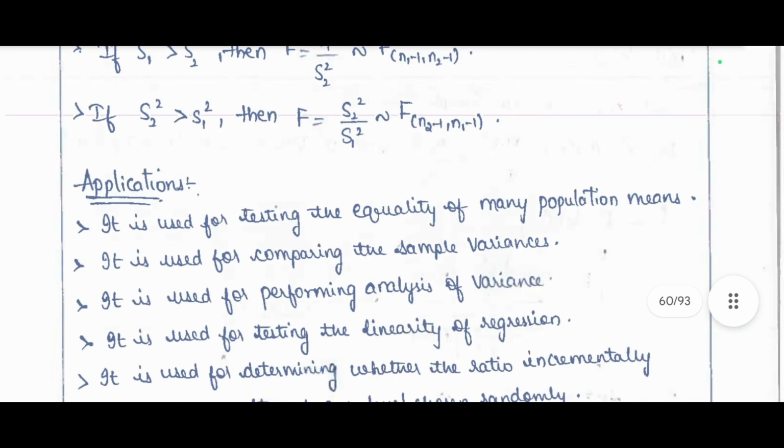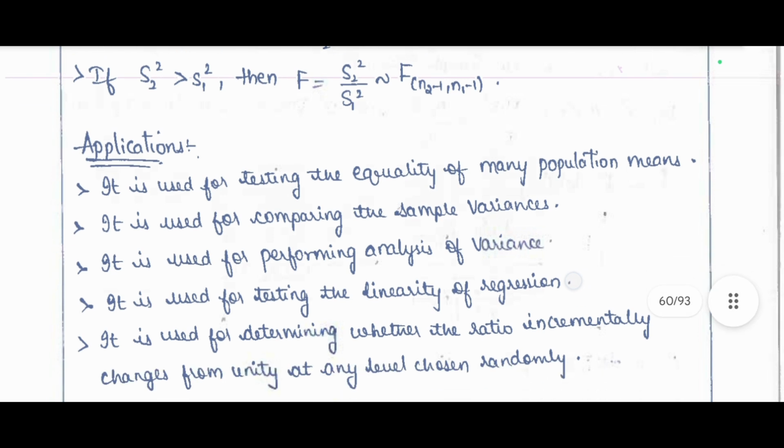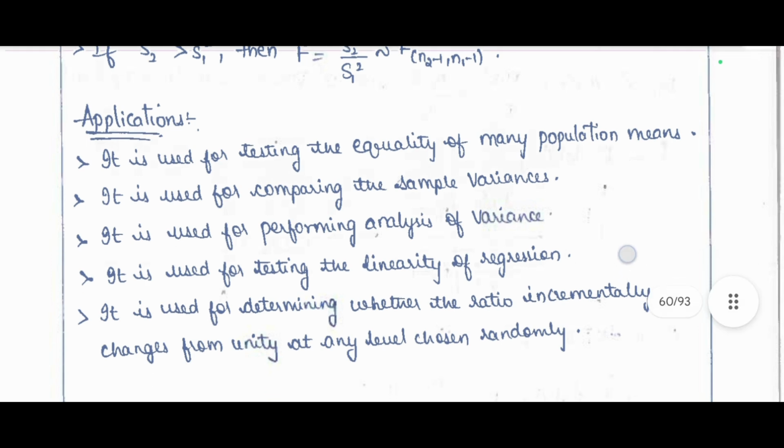Okay, let's see some more examples or applications of this F distribution or F test, where it is going to be applied. It is used for testing the equality of many population means, and for comparing sample variances. It is used for performing analysis of variance.